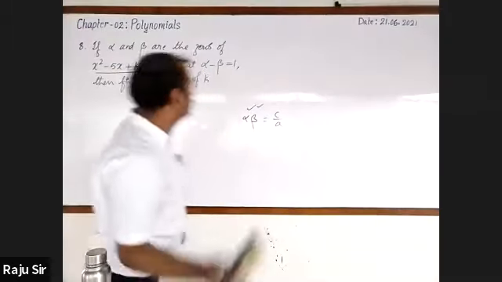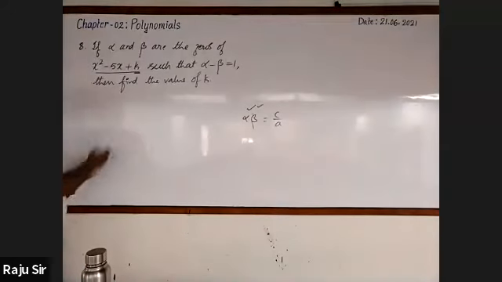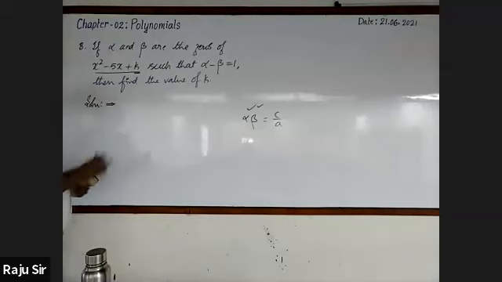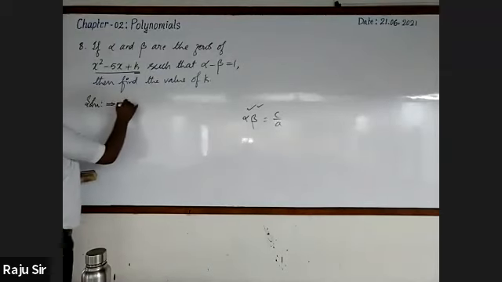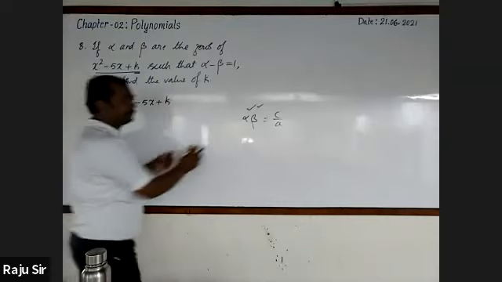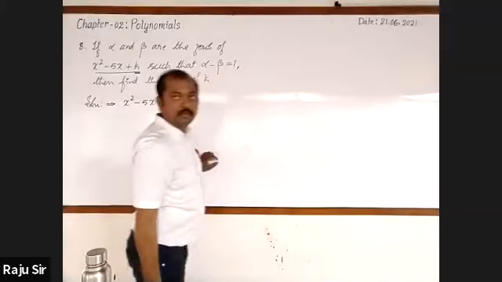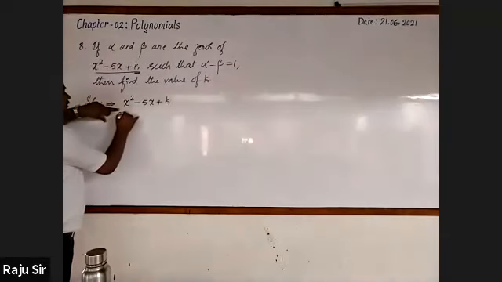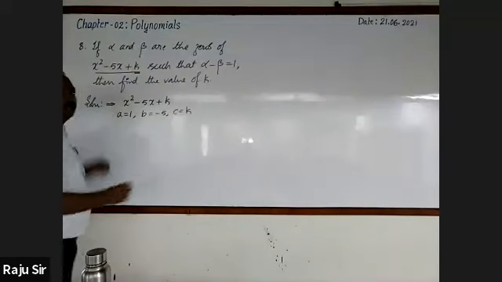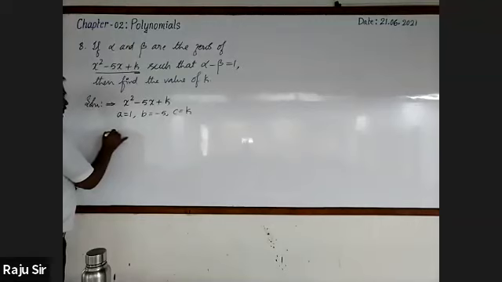But alpha and beta are not given. So first we have to find alpha and beta. For that, let me use the given polynomial. It is x square minus 5x plus k. Please go on writing with me. Here, a is 1, b is minus 5, c is k. Let me find both the sum and product of zeros.